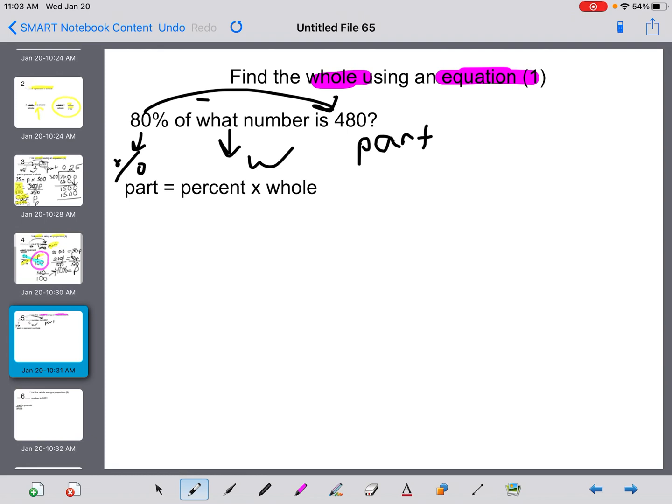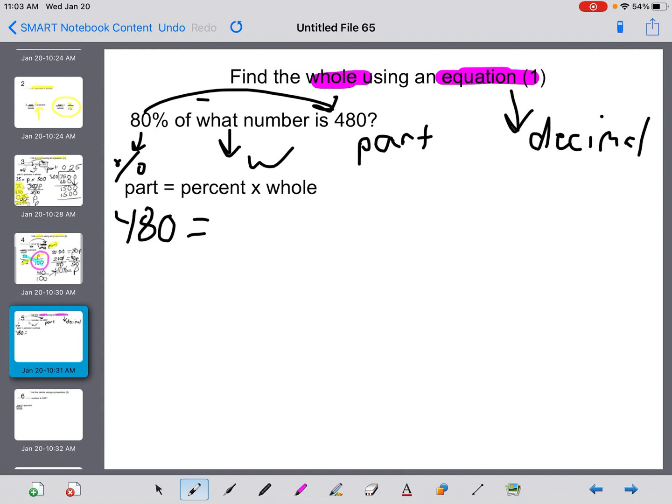So I go to my equation and I fill in what I know. I know 480 is the part. And then I know the percent is 80. Now grade 7, anytime you're working with an equation, that's when your percent needs to be converted to a decimal in order to work with it. So 80% as a decimal.